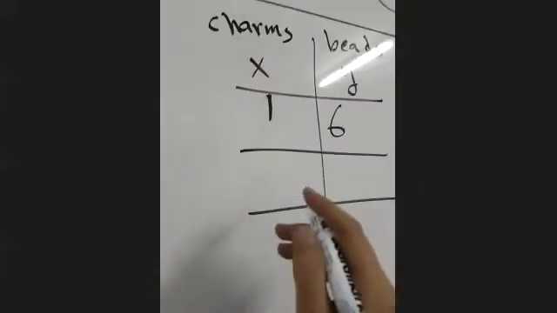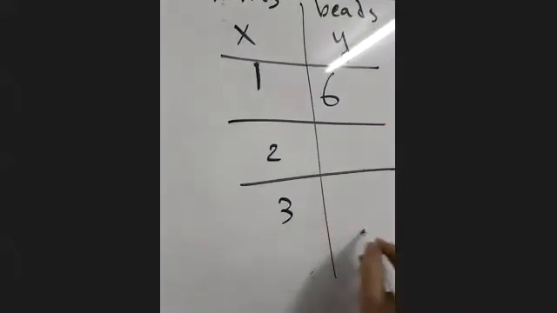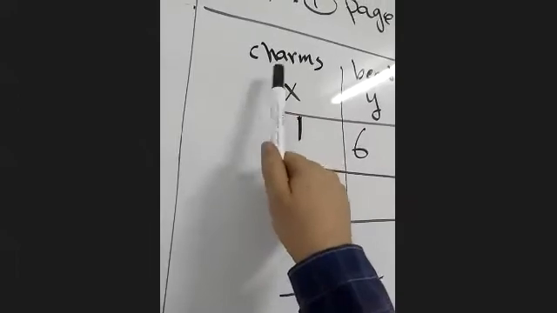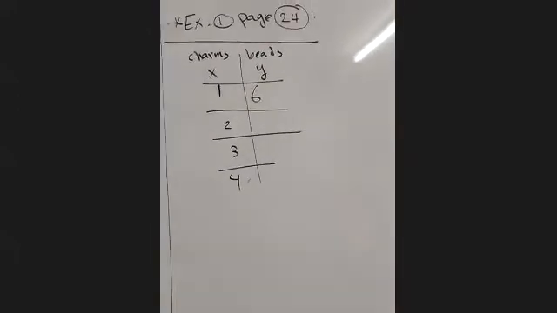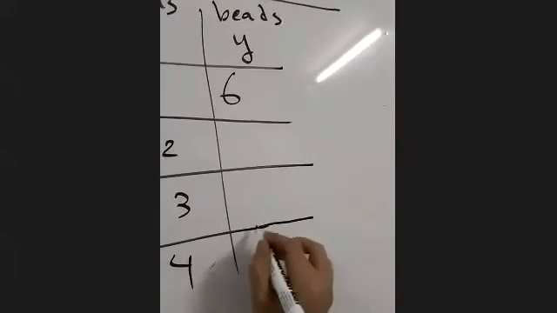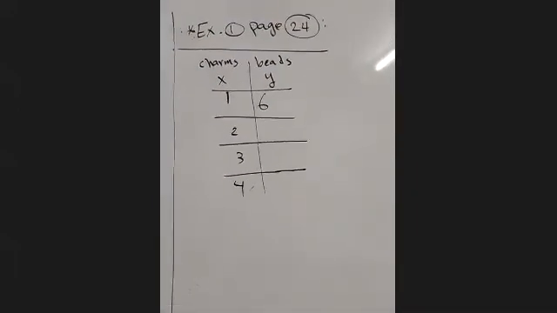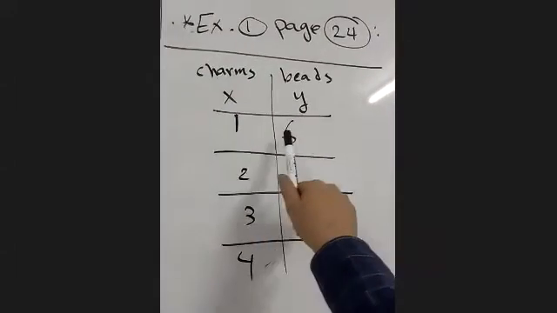They wrote them. Then graph the relationship. Then we graph it. So each one gets 6.